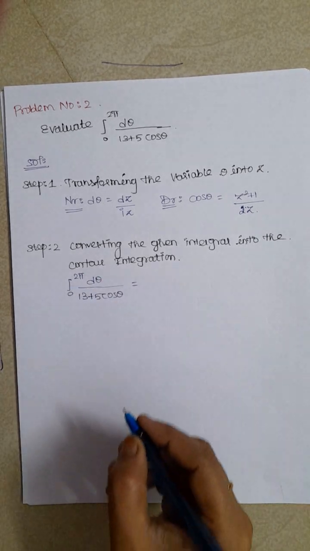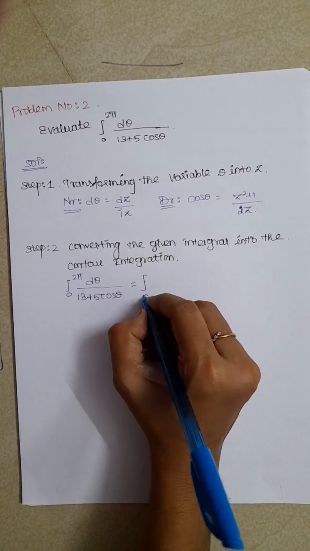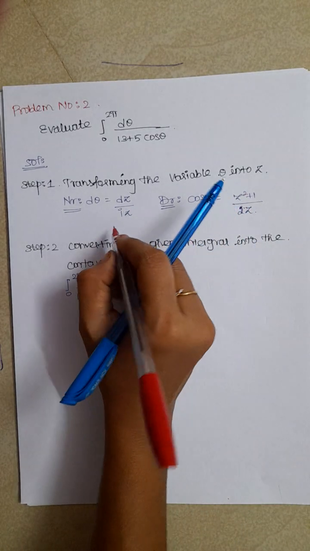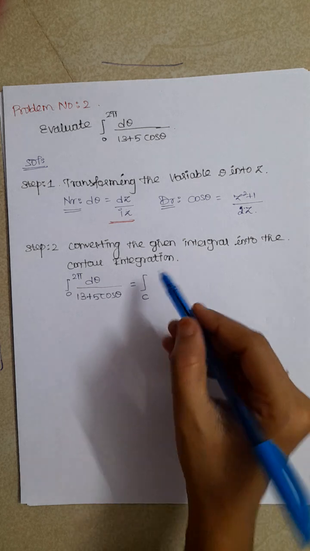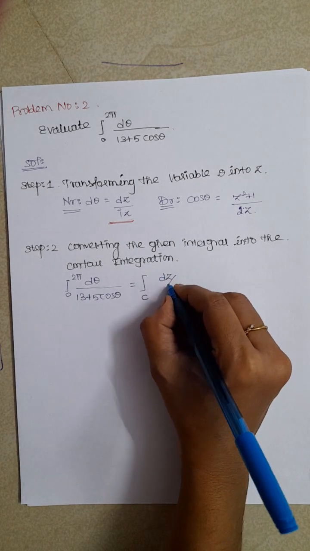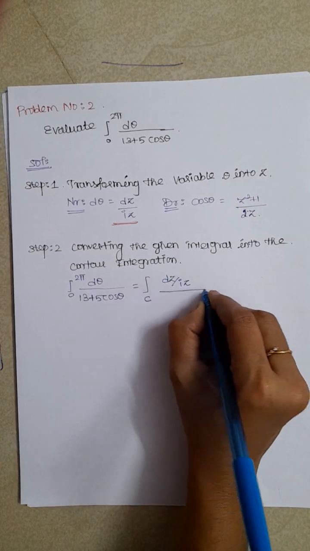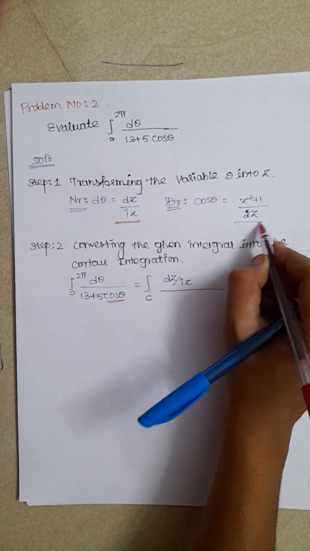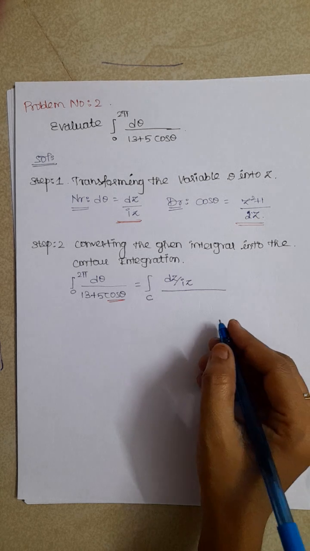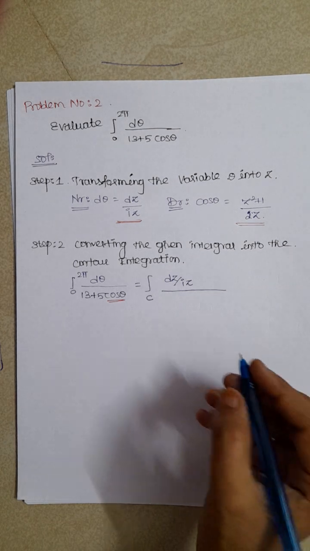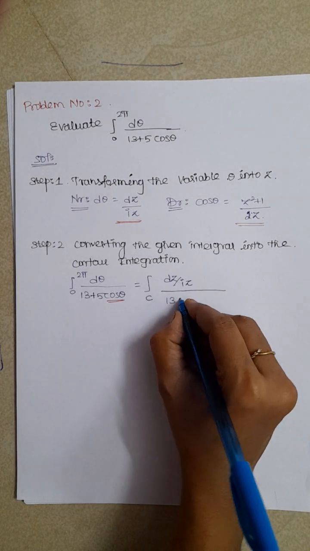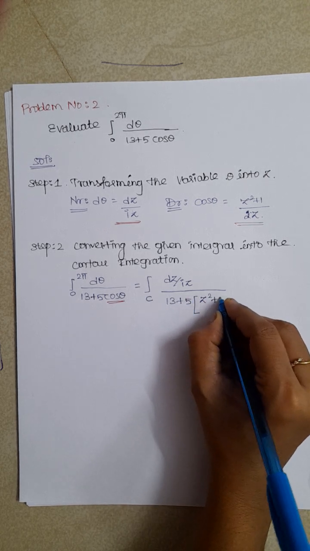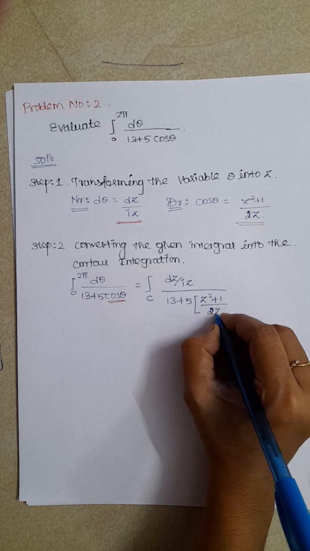You can convert it into the integral over c. The d theta value is equal to dz by iz, so we write dz by iz. And in the denominator, cos theta value is equal to z square plus 1 divided by 2z. So 13 plus 5 into z square plus 1 divided by 2z.